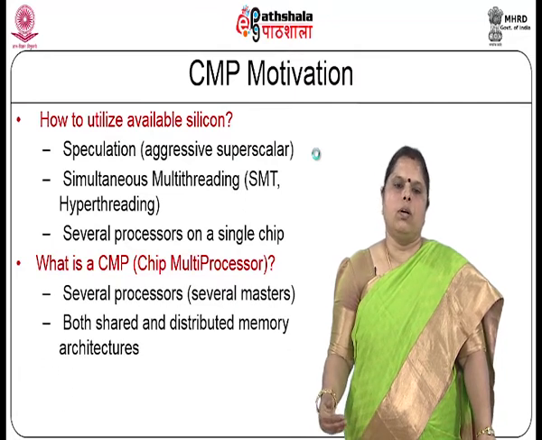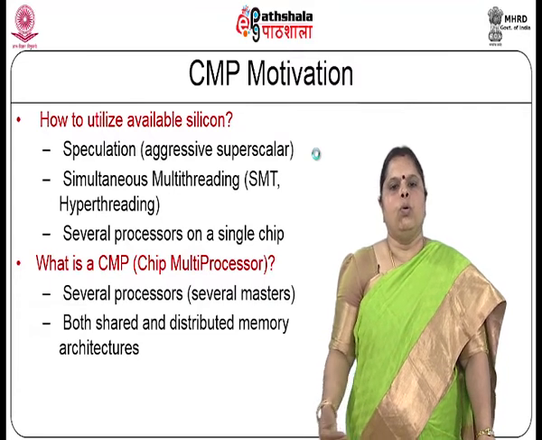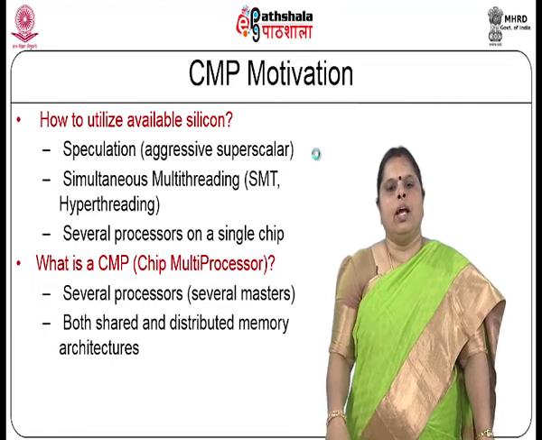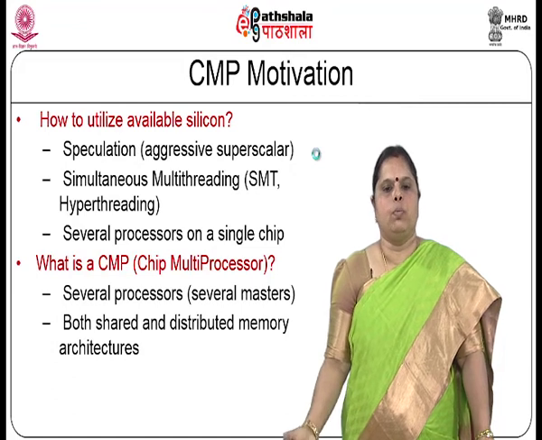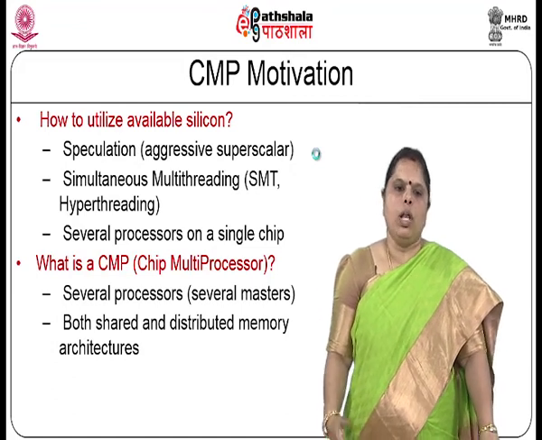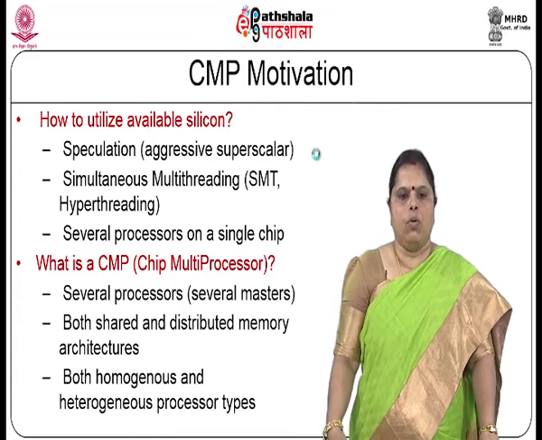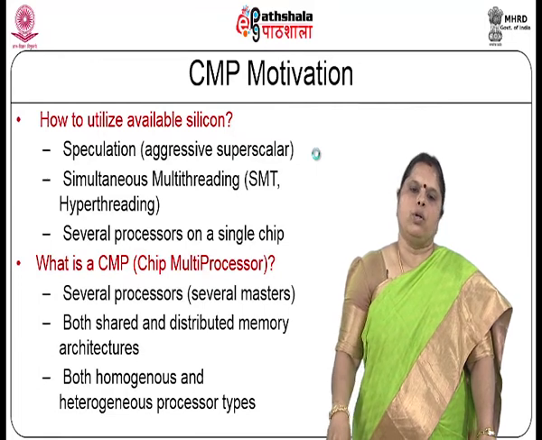Chip multiprocessors have become very popular now, where you have multiple cores of execution available on the same die, and they may have a shared memory architecture or a distributed memory architecture. We will discuss all this in detail as we proceed along the various modules. And these cores can be homogeneous cores or heterogeneous cores.